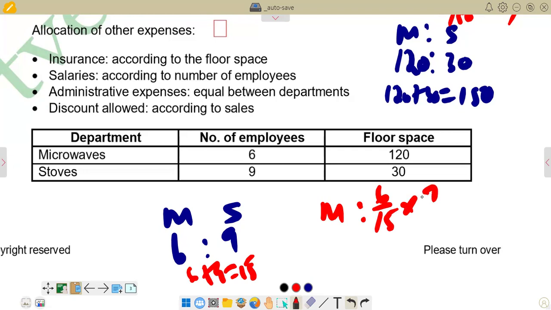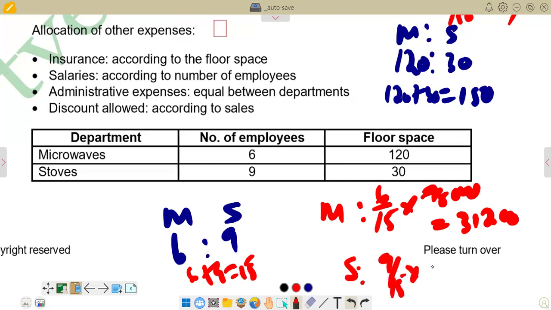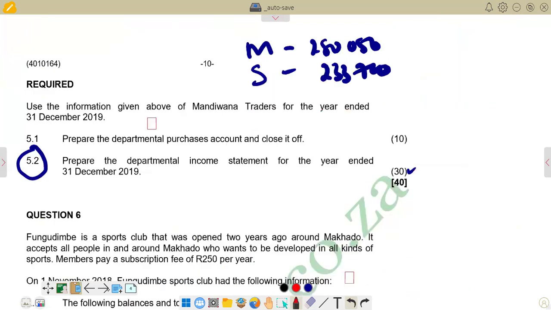If you multiply correctly, you get 31,200. And then for stoves, we are saying 9 over 15 times 78,000. Calculate correctly, you get 46,800. Simple as that.